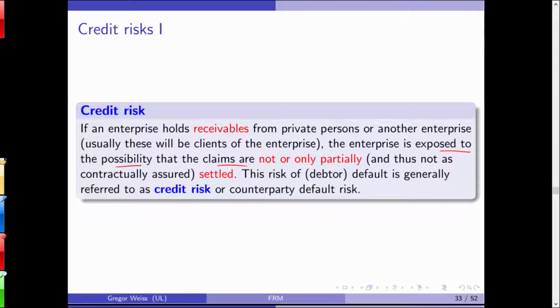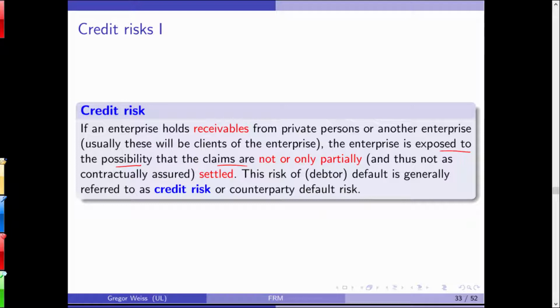It's quite general. If you have a claim against another company or another person, you have credit risk. And this is important to note because this means that even industrial firms are exposed to credit risk. For example, if you look at any company here on High Street, if they are selling products and they are not collecting their receivables at the same time, they are not cashing in on their sale, this means that they have credit risk.